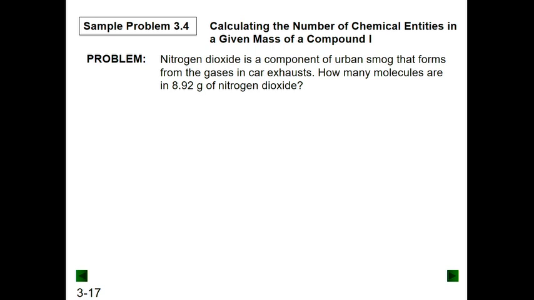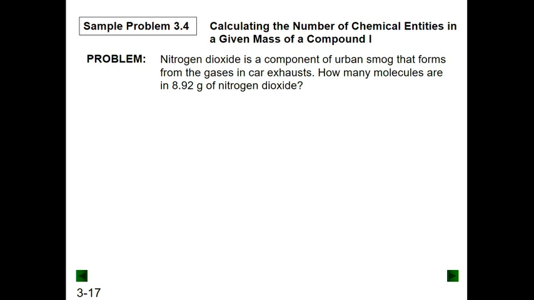So we transform these into moles using the molar mass. The molar mass is easy to calculate here. Oxygen is 16 times 2 is 32, plus the molar mass of nitrogen is 14. So 32 plus 14 is 46. So 46 grams of NO2 is 1 mole of NO2 molecules. We cancel the grams and we have moles of molecules.